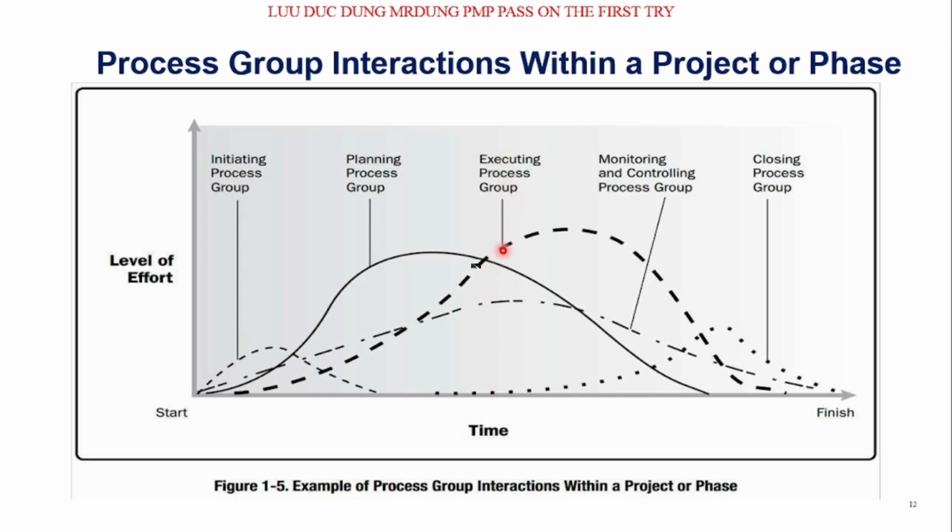Like this, it is an execution group, but we can manage the planning process group here. Also, what is the monitoring and controlling process here. At any point we manage at least 3 processes concurrently. From start to finish, we have the initiating process group, and also we manage the planning process group at the same time. Also the executing, monitoring and controlling, and closing process groups.